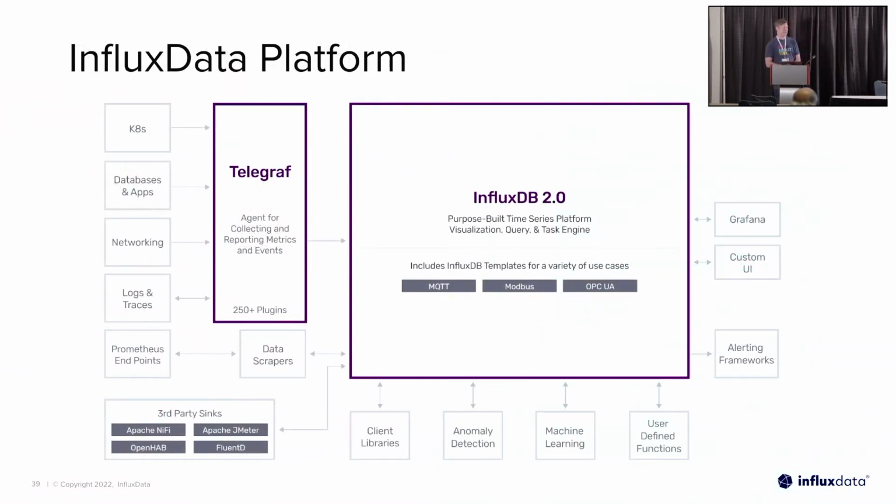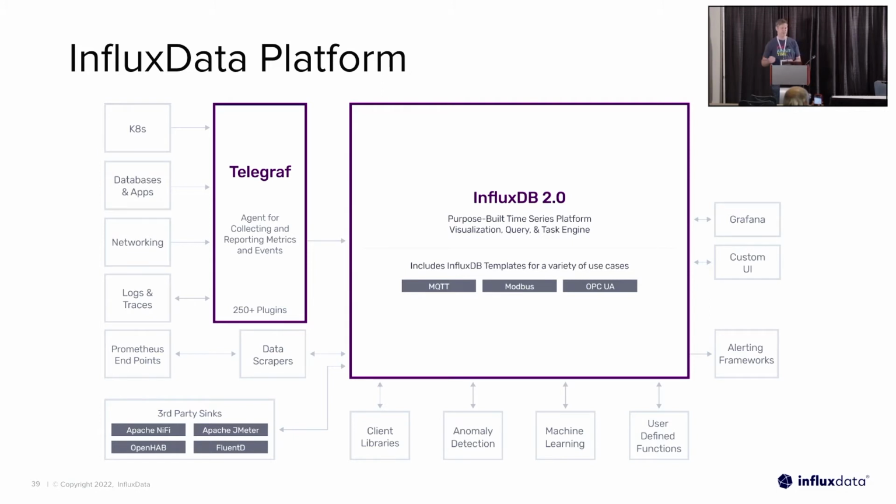So this is what the InfluxDB platform looks like in a nutshell. At the nucleus of it is the InfluxDB database itself, and then the Telegraf agent, which is a completely separate binary that you can run to collect data. So Telegraf, like I said, collects data from a bunch of different sources, and it'll convert it to output it to InfluxDB. There's actually about 100 different output plugins that you can use for Telegraf, not just InfluxDB.